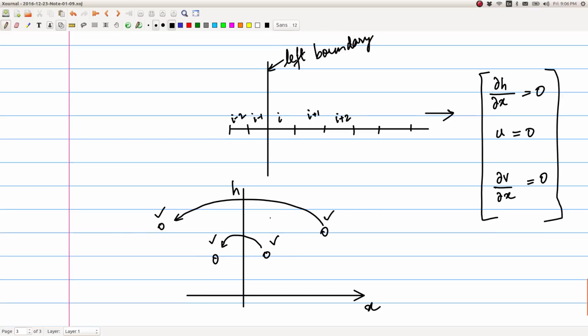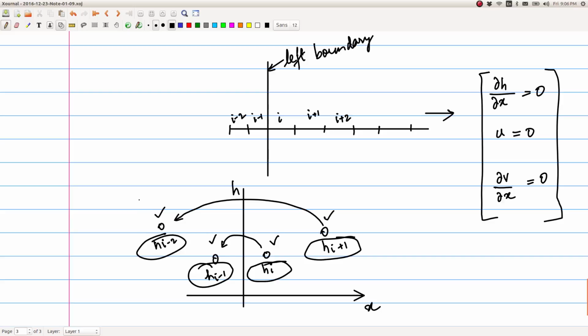When we look at the mesh, this is hi, this is hi plus 1, this is hi minus 1, and this is hi minus 2. So hi minus 2 is equal to hi plus 1, and hi minus 1 is equal to hi.